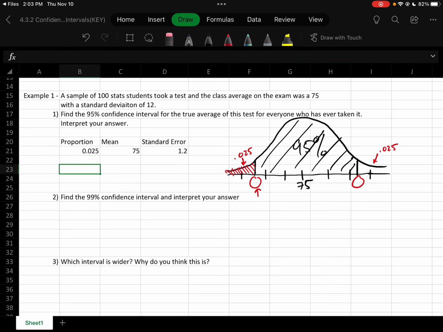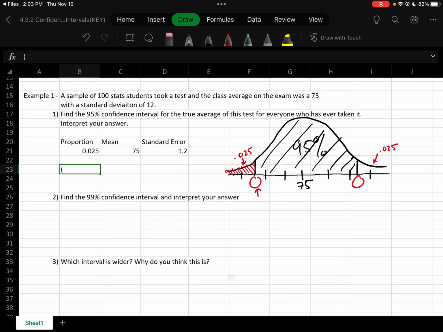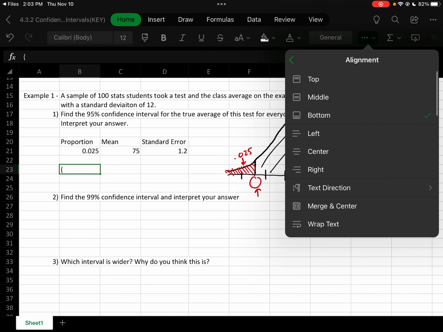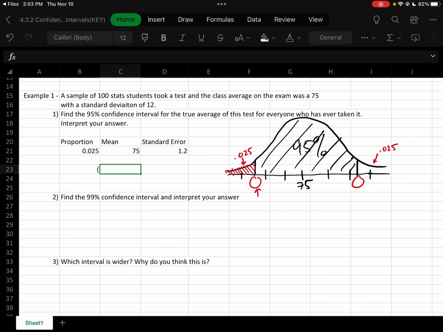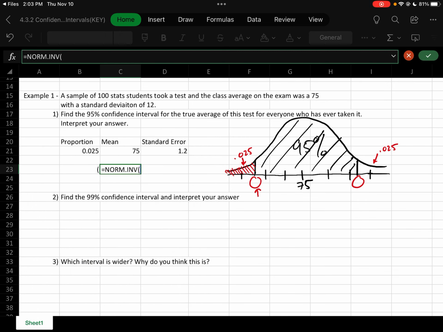So now I use my norm inverse function to create the lower portion of my confidence interval. I'm going to put parentheses just in this box, and align that to the right. And then in this cell, I'm going to use my NORM.INV function to find this red value that has the arrow pointing at it, and that's going to be this value, comma, this value, comma, this value.